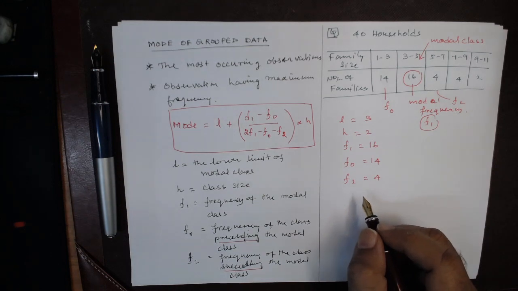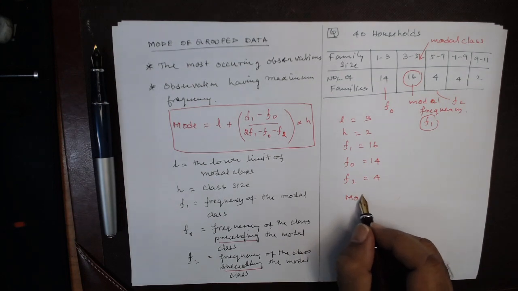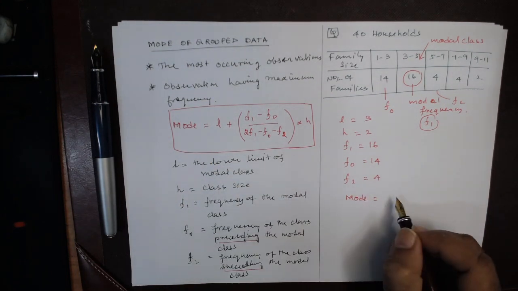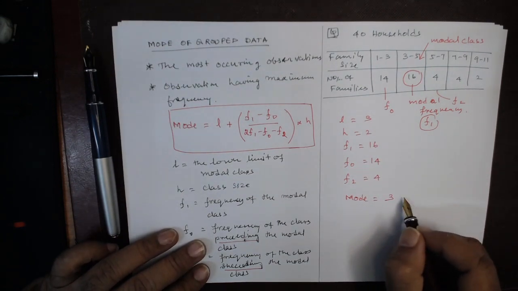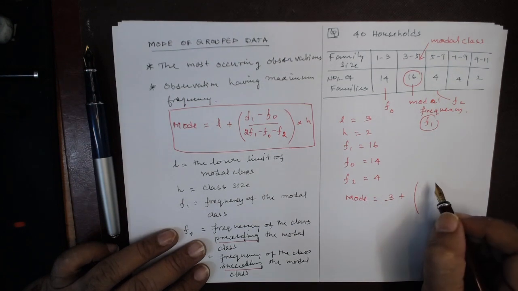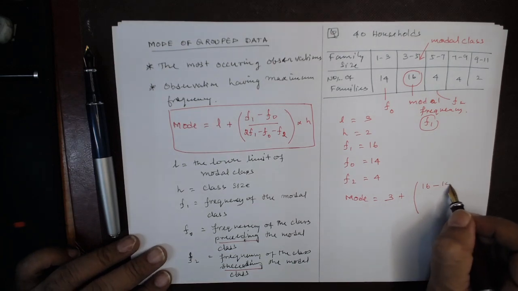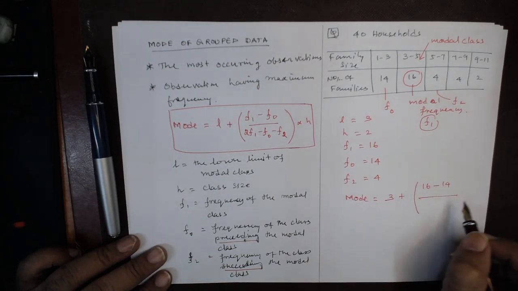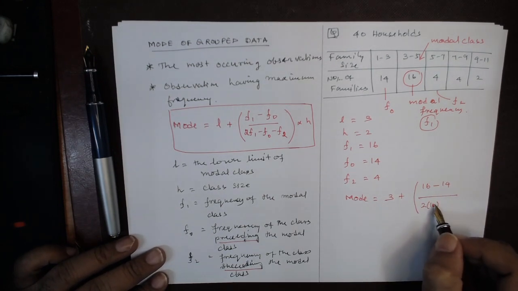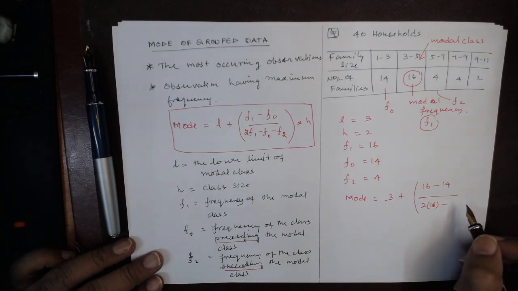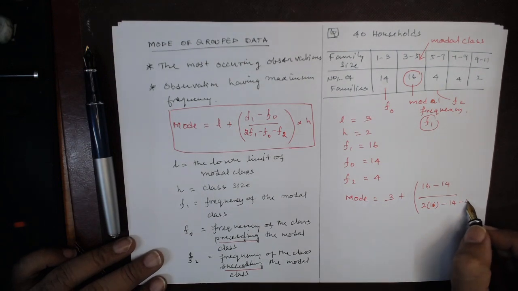Now let us find out the value of mode. Mode is given by the formula L. What is L here? 3 plus, open the bracket, F1 16 minus F0 14 divided by 2 into F1 16 minus F0 14 minus F2 4.